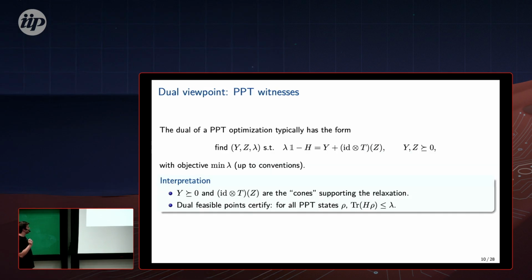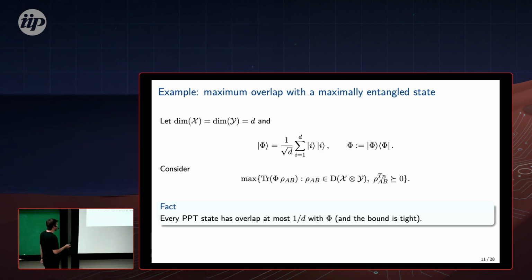Now, we're going to show that it's at most 1 over the dimension. And this bound is tight because it's not too difficult to find examples where this is indeed the case. If you want, the zero state does the trick, right?